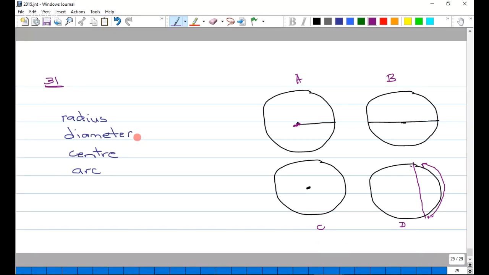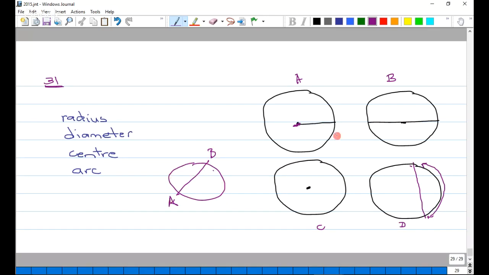Now, a chord is any line that touches 2 points on the circumference. So if we had a circle like this, and we call that AB, that would be the chord AB. So it has to touch 2 points on the circumference, and the circumference is just the total distance around the circle. It's like the perimeter of a circle.